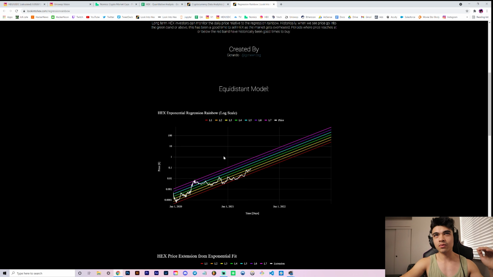With the linear one, where it just looks like an exponential curve on a linear chart, it was messy, and it was hard to see exactly the history. You couldn't go too far in time because price would just shoot up too much, and then it would flatten out the previous history. So it was just kind of a messy scale to look at, to be completely honest.